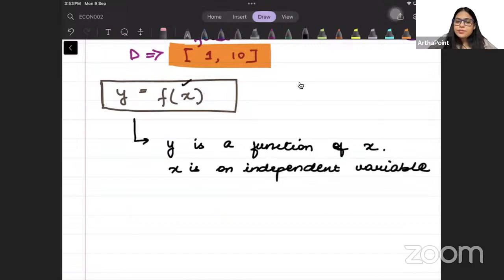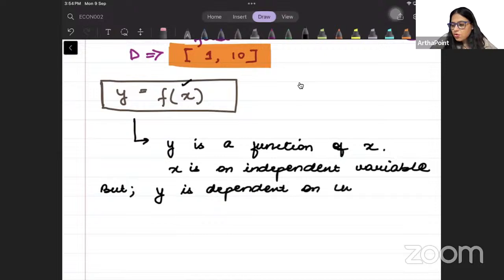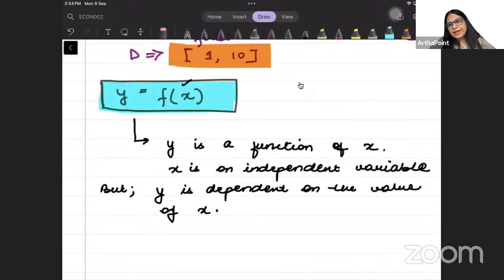X तो independent है, but Y is dependent on the value of X.